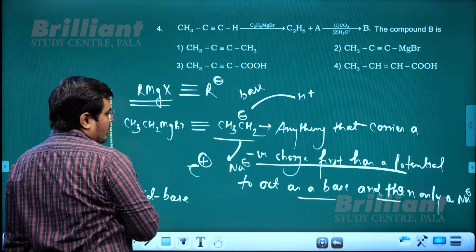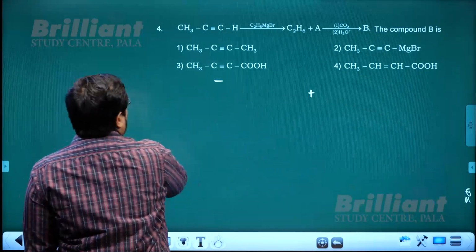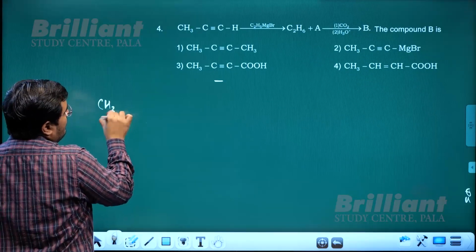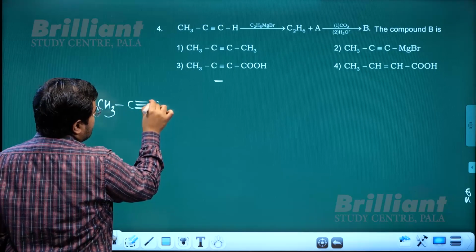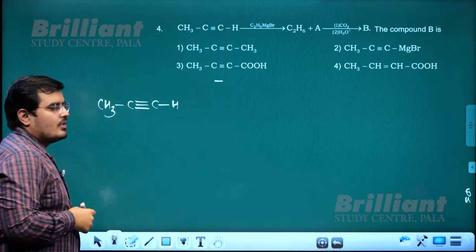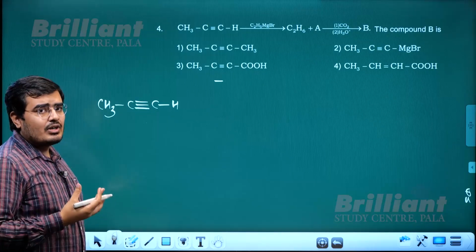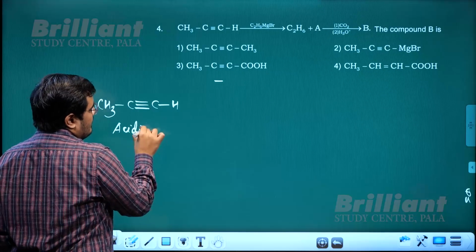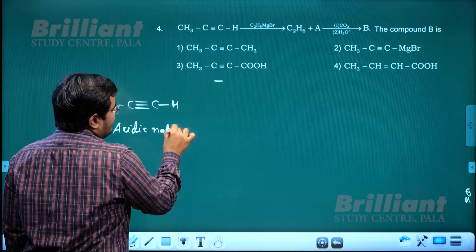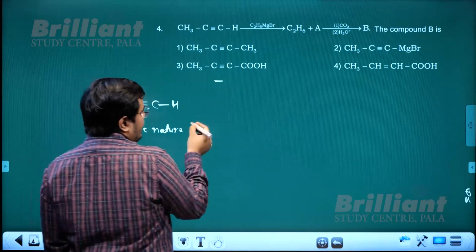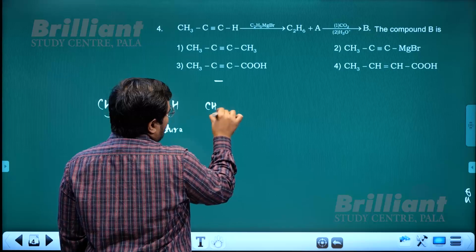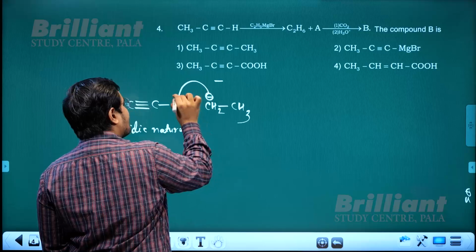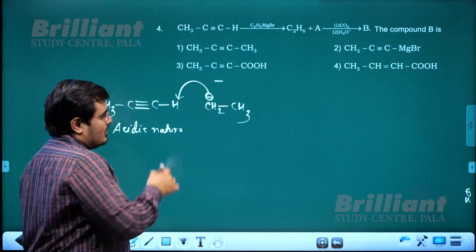So using this, what we can do is, I am having an acetylene derivative, which is CH3, C triple bond CH. Now, one thing that you had learnt in hydrocarbons specifically was the acidic nature of alkynes, that terminal alkynes have an acidic proton. That is the reason why, when I am using a Grignard reagent, which I can assume as a source of carbanion, this negative charge is going to pluck out this H positive.